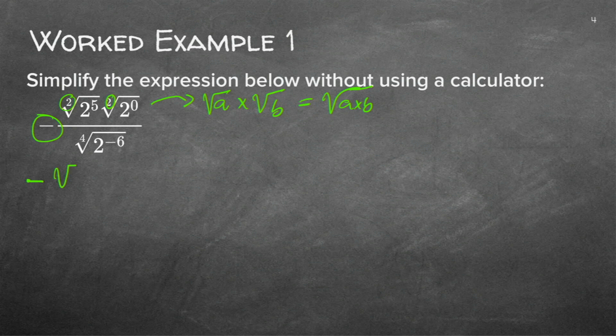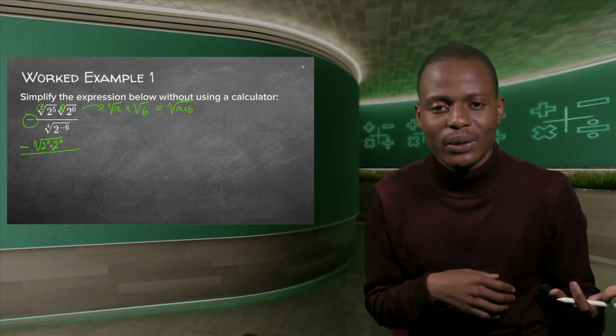Now you can say I can take one square root sign and say this is 2 to the power of 5 times 2 to the power of 0. And you divide this by the fourth root of a negative value. So you have two ways of doing this. You can use the law now to break it down, or you can simplify the value and break it down later.